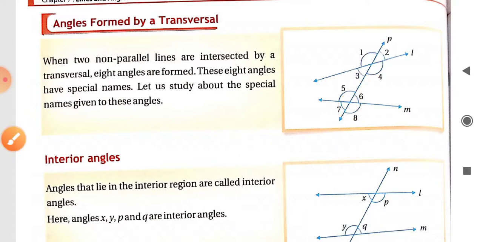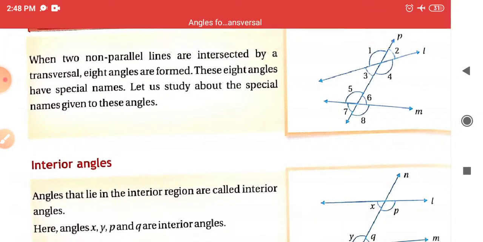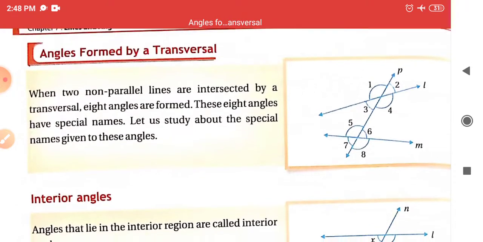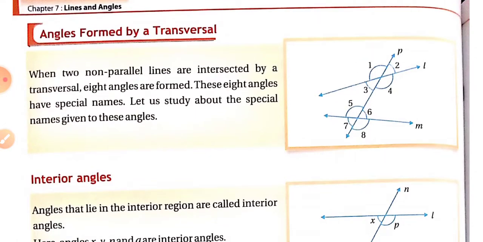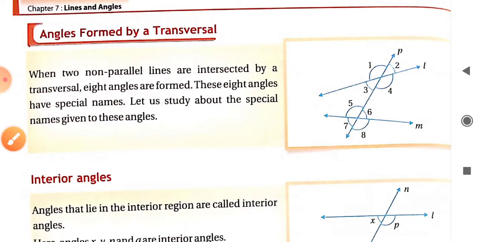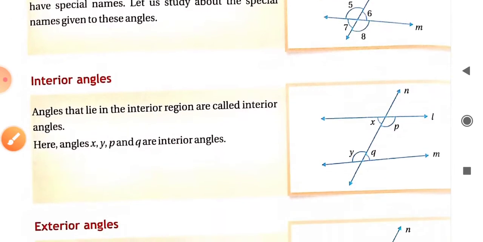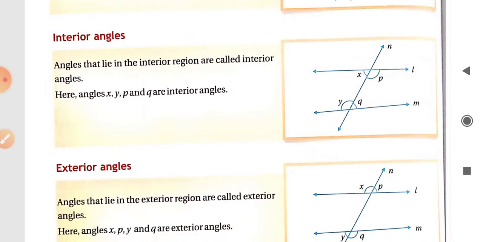There are 8 angles and they are named 1, 2, 3, 4, 5, 6, 7 and 8. We always give some special names to these angles. These angles are very important, so listen carefully.